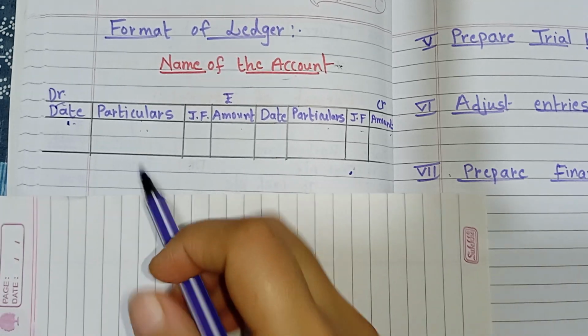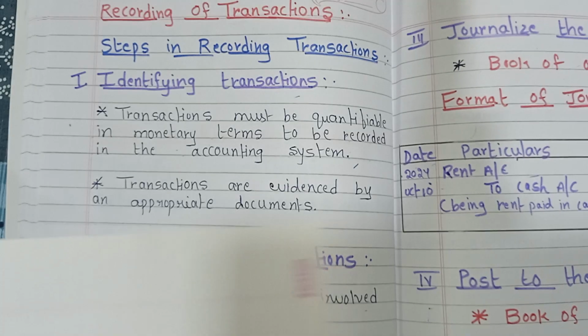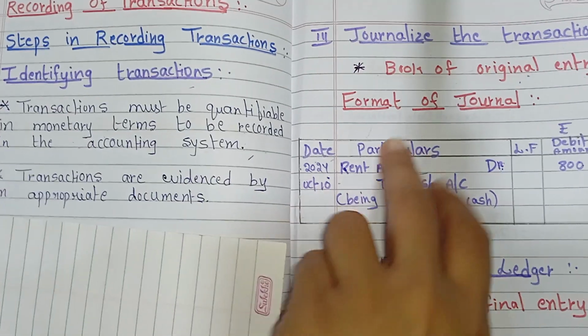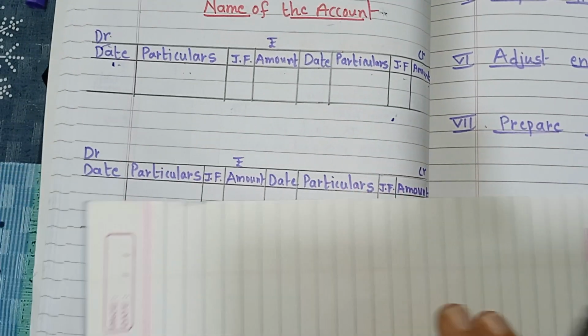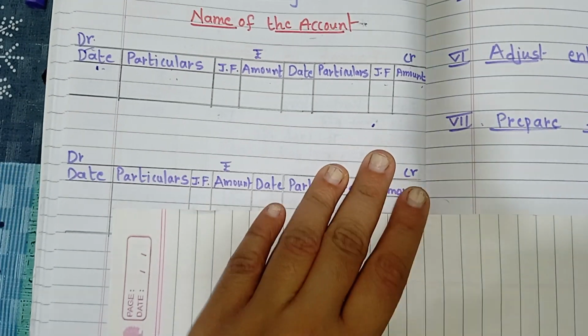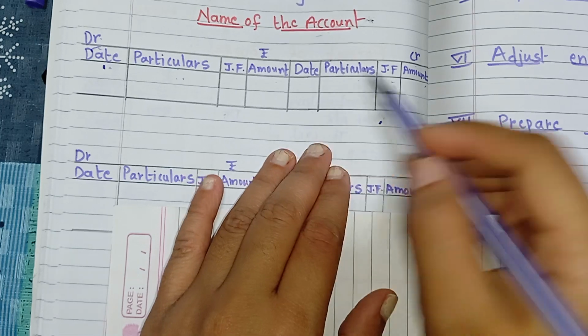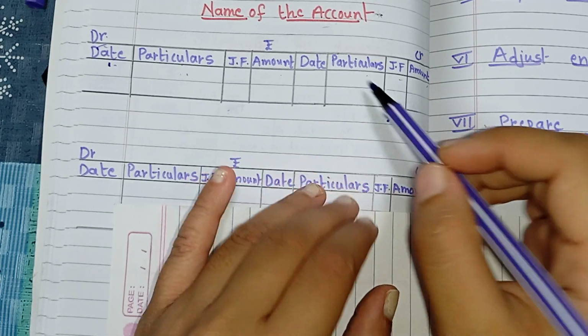Original book of entry means the journal, the book of original entry. We have to refer to the journal here, written on the debit and credit side of the account.